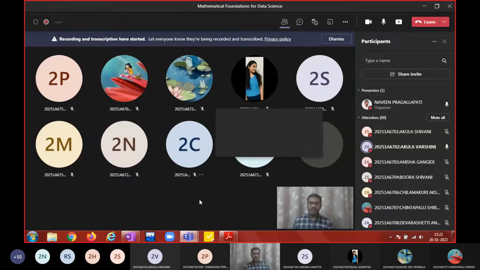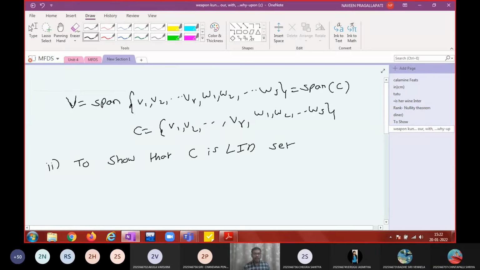Yes, sir. So how do you show that a set of vectors is linearly independent? Consider, not C1 V1, let us say X1 V1 plus X2 V2 and so on. Consider a linear combination of these vectors. What is a linear combination?